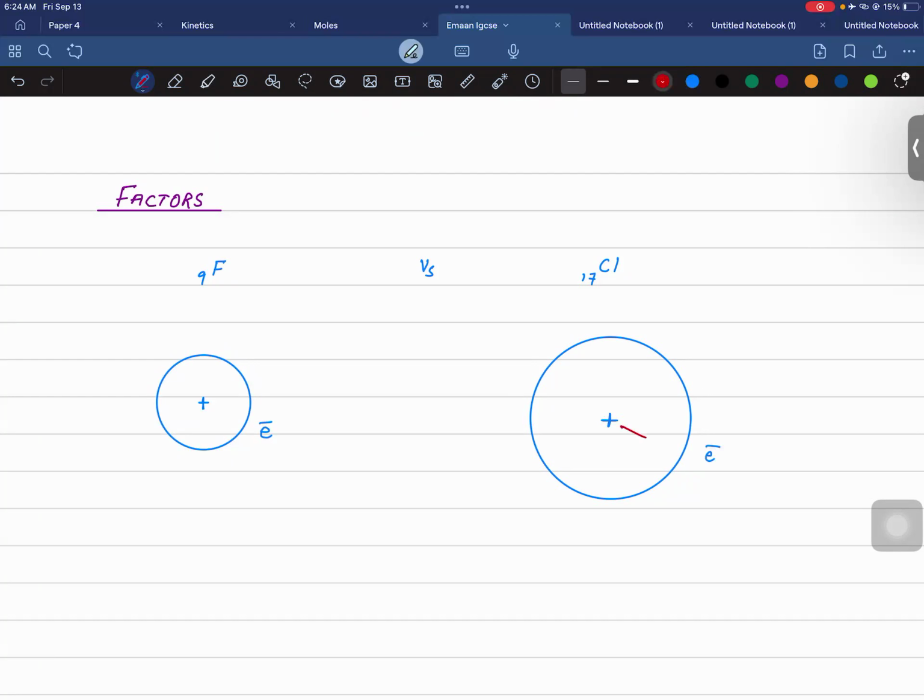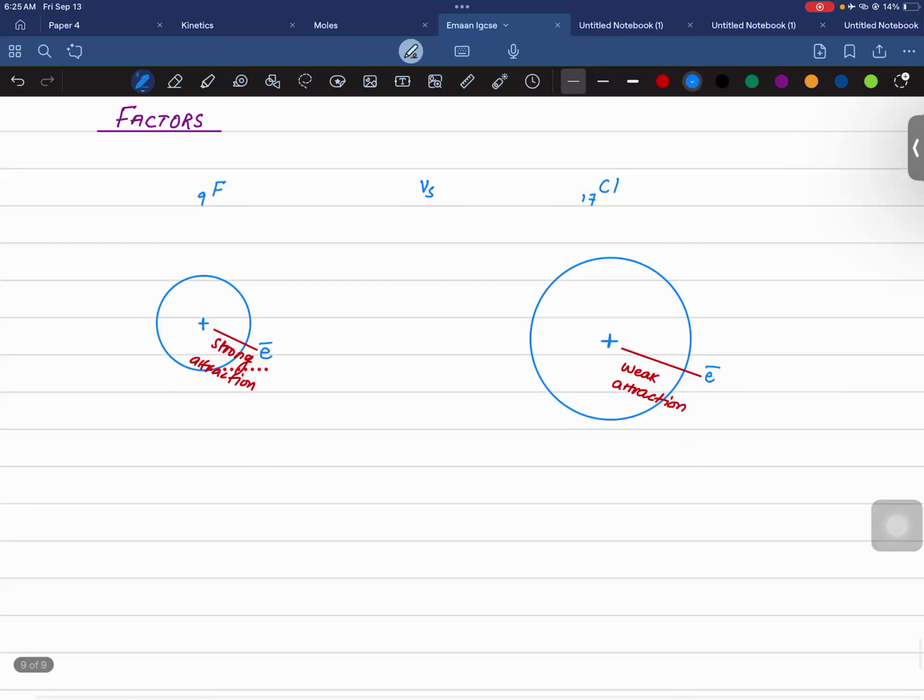So weak attraction for chlorine, and a strong attraction for fluorine. Are you getting my point? So it depends on the number of shells.